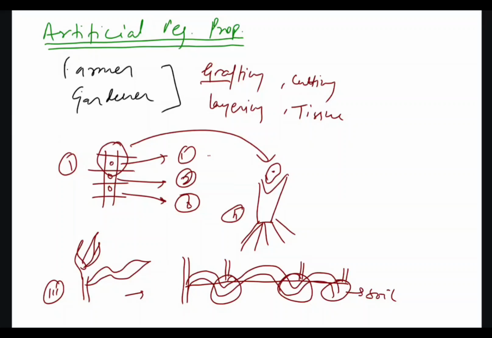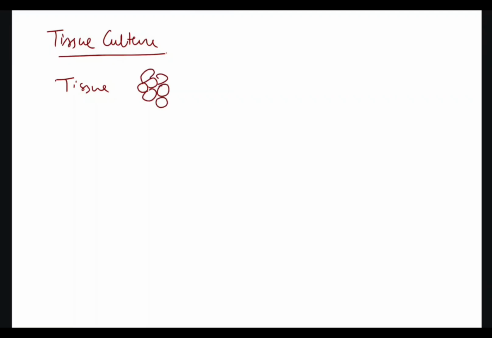Now tissue culture, right? Tissue culture is something that is a dedicated field of study too. Now what happens in tissue culture is that a tissue from a desired plant is placed in suitable nutrient medium. Okay, here is a tissue. Tissue is what? Cluster of cells, right? And it is grown into a medium, right?